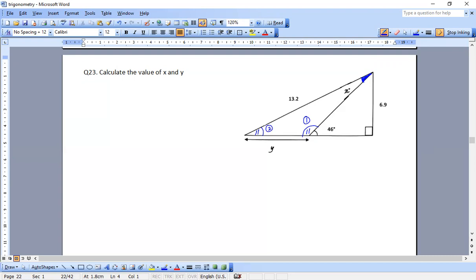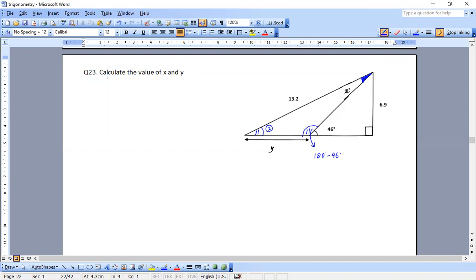If I look at the first angle, angle 1 is pretty easy to find out because this angle over here and this angle over here, they're lying on a straight line, so they add up to 180. If I subtract 46 from 180, I'll have that part of the angle. So the calculation of this angle is going to be 180 minus 46, which is 134.